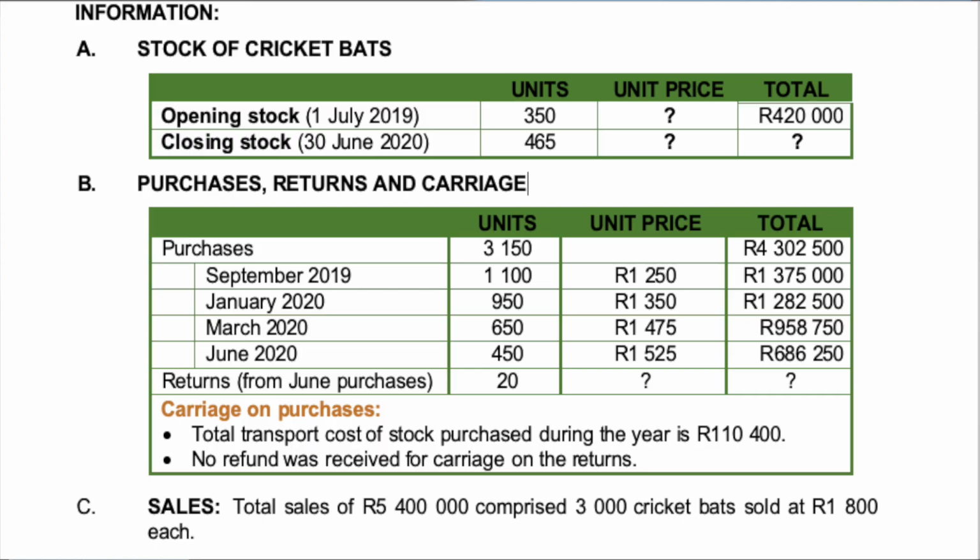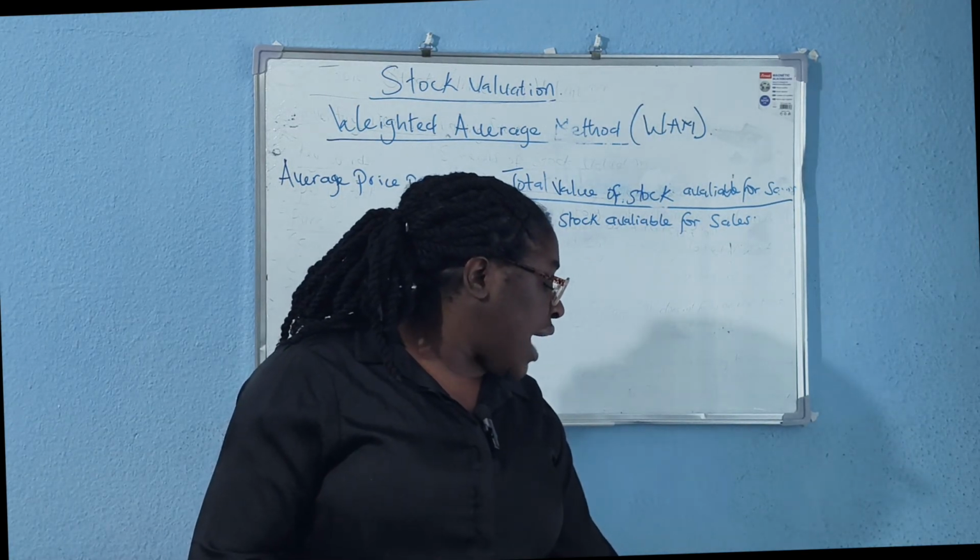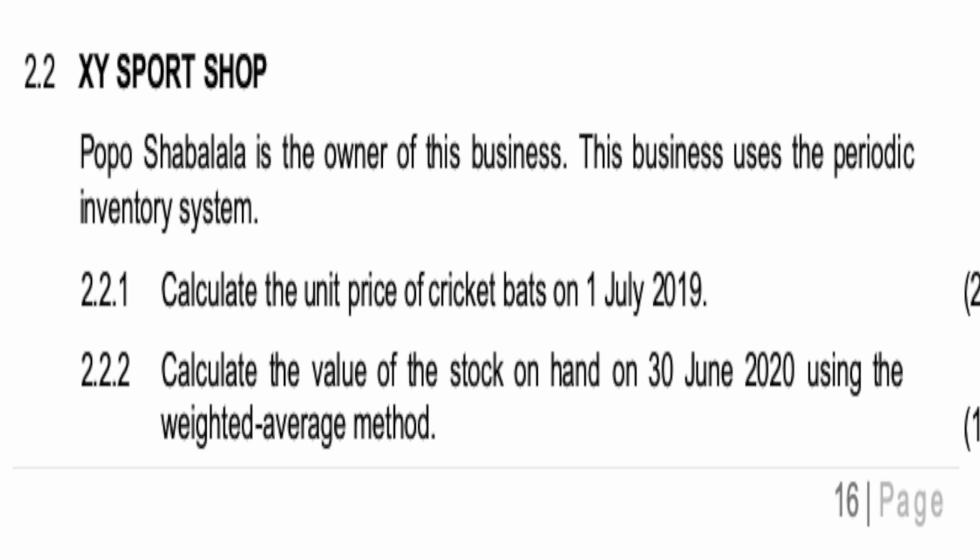All right. Now, the first question here says we should calculate the unit price for cricket bats. I think it should be as at June 2020.